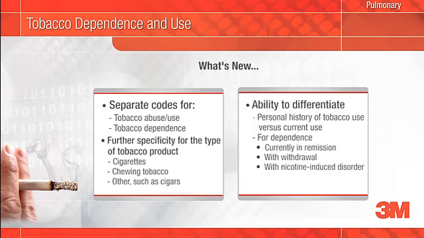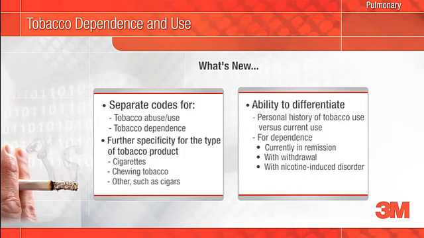Your documentation should differentiate between current abuse or dependence versus a person who no longer uses tobacco. Starting in 2002, the number of former smokers has exceeded the number of current smokers. For tobacco dependence, ICD-10 provides the ability to report remission and withdrawal.